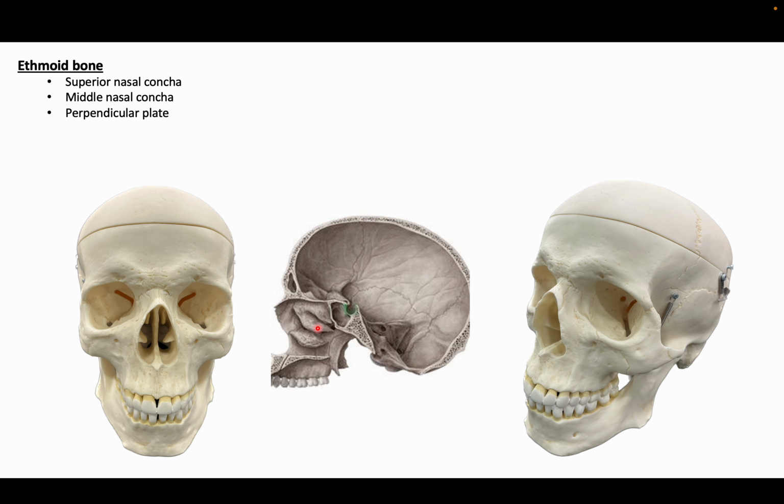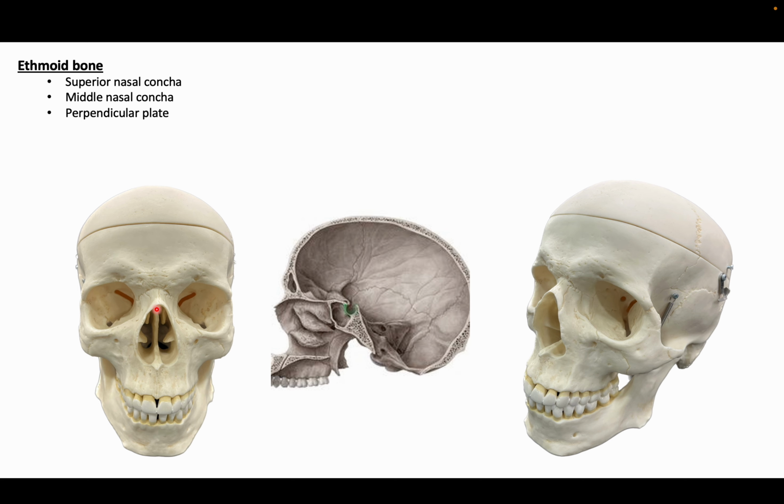Without the nasal conchae, the air would just travel from your nose all the way in, with no slowing down of the passageway, so whenever you breathe in cold air, you would feel a sharp sensation within your lungs. To prevent that, you have these bones: the superior and middle nasal conchae of the ethmoid bone. This is the superior nasal concha, this is the middle nasal concha, and conchae is just the plural.